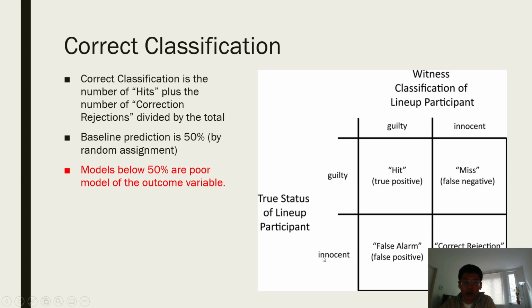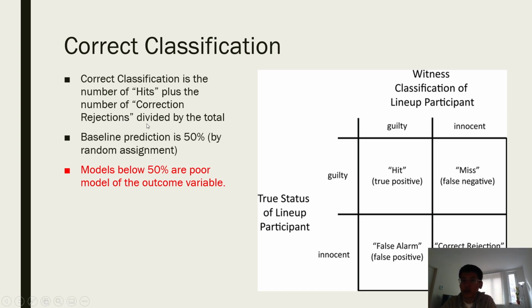And if the truth is innocent and we predict innocent, we have a correct rejection, which is also a correct decision. So the accuracy is the guilty-predicted-guilty and innocent-predicted-innocent counts added together, divided by the total number of observations. That is the percentage of correct classification.